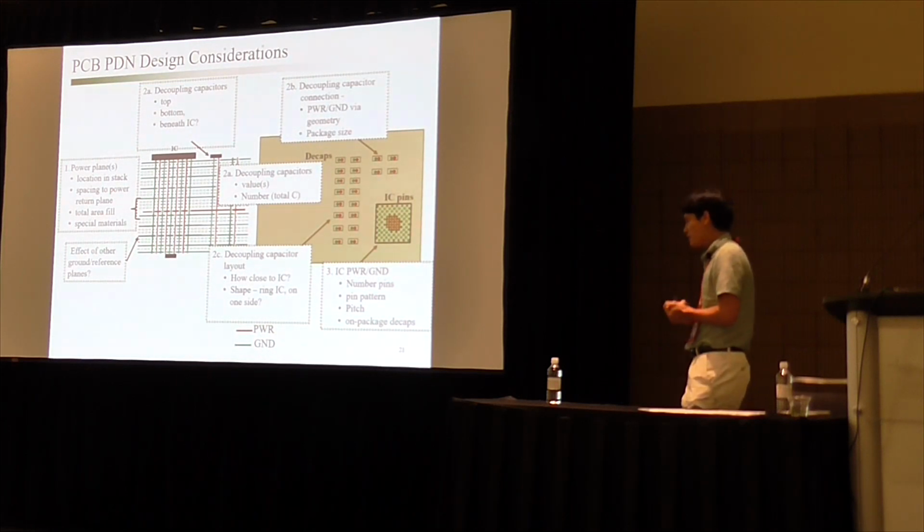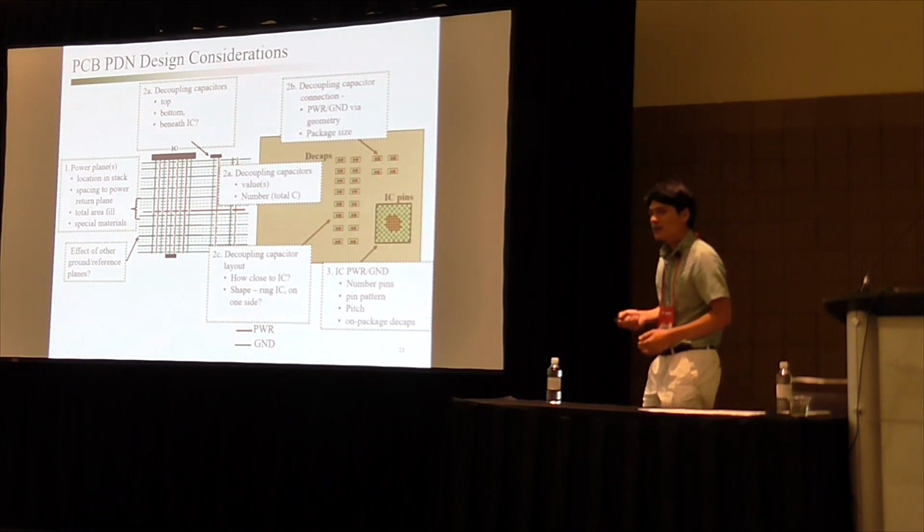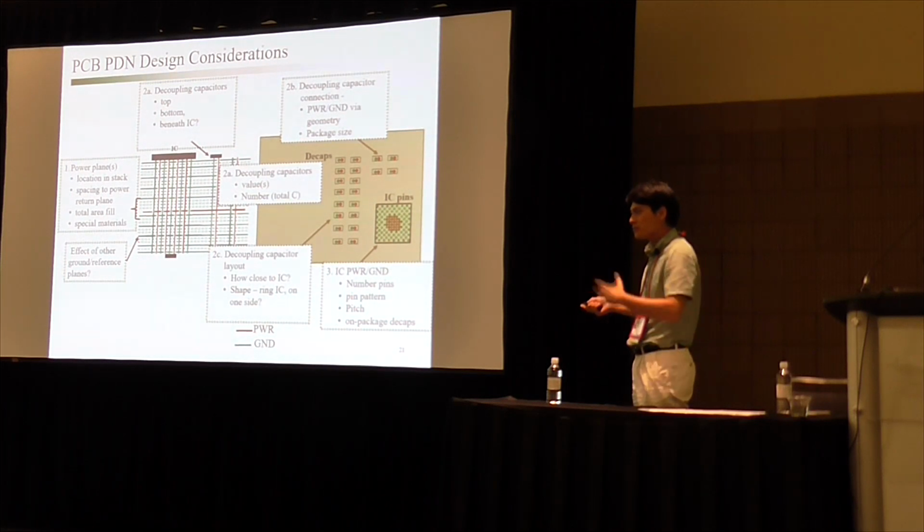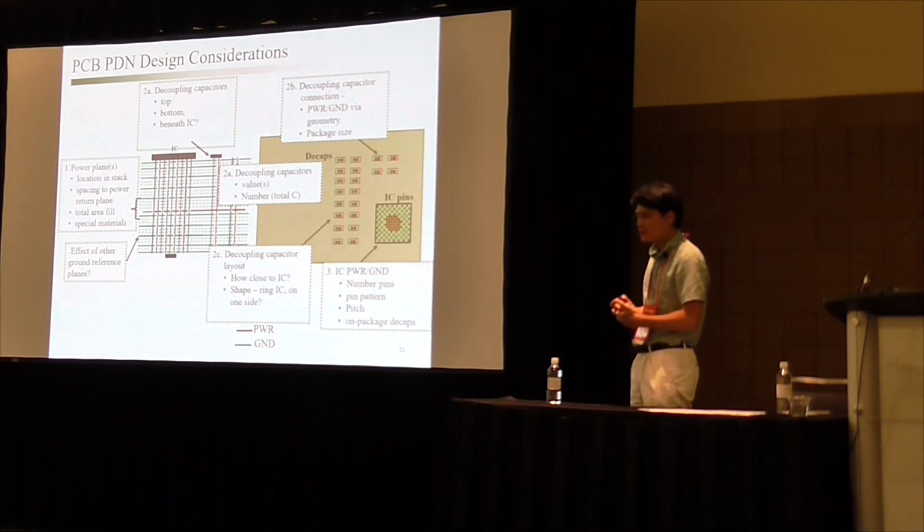And then, where do we place the decoupling capacitors, on the bottom or top underneath the IC? We have to look at the current path. If the power layer is close to the top, it could be better to place the decoupling capacitors on the top. In the other case, if the power plane is near the bottom layer, it will be better to have decoupling capacitors on the bottom.